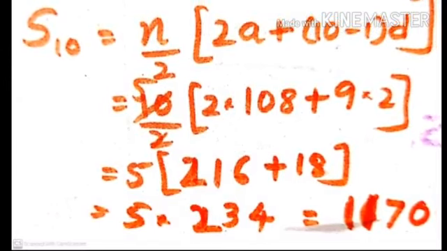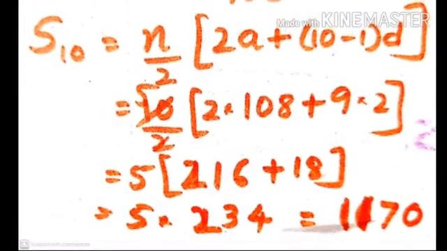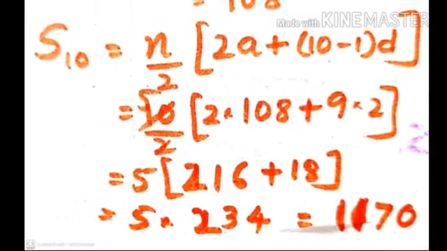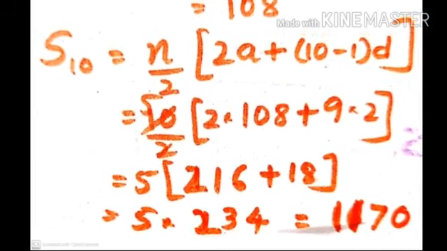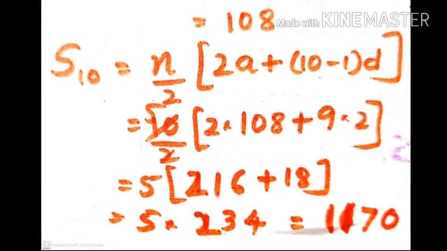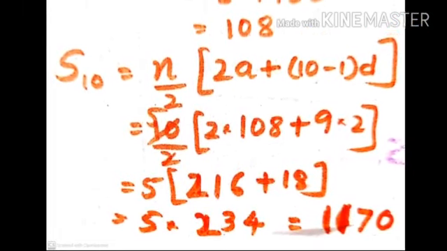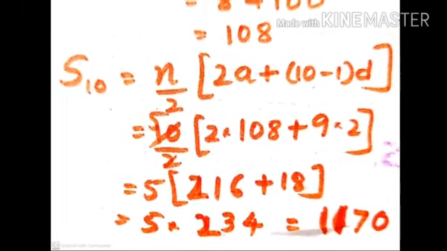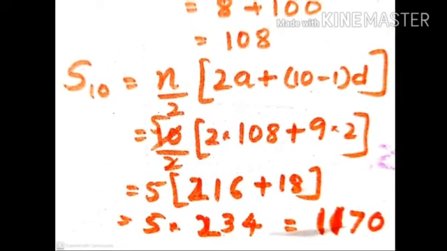Now that 5 we keep outside, and in the bracket 216 plus 18 becomes 234. So by multiplication of 5 and 234 we get 1170. This is our final answer for the sum of the last 10 terms of this AP.